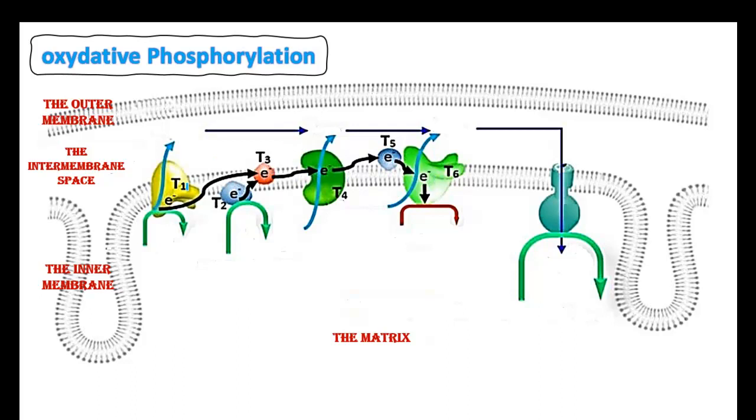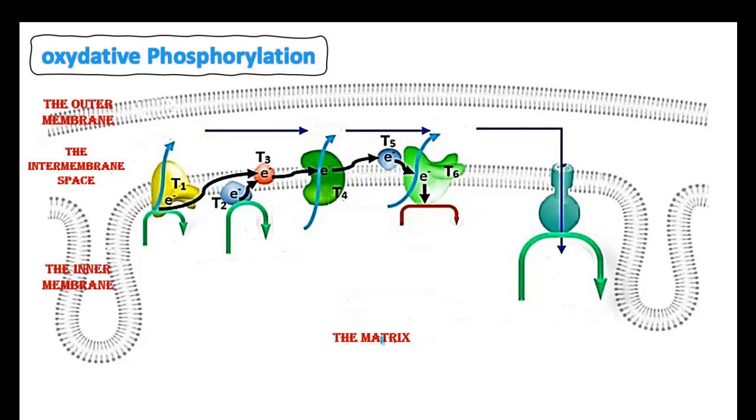These are the proteins that we can find in the inner membrane of the mitochondria, and they form what we call the respiratory chain. And at the end, we can find the famous molecule that produces ATP, which is the enzyme ATP synthase. Now the question is how this electron transport chain actually works.